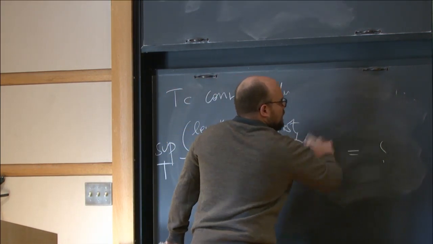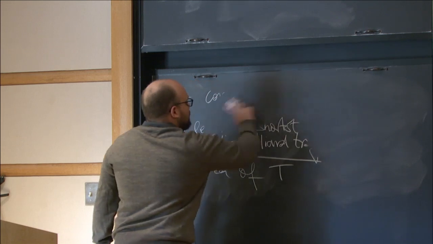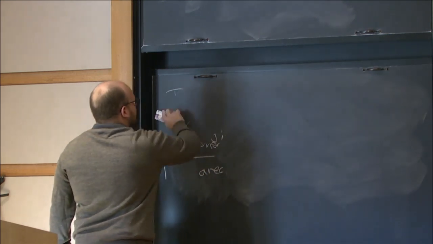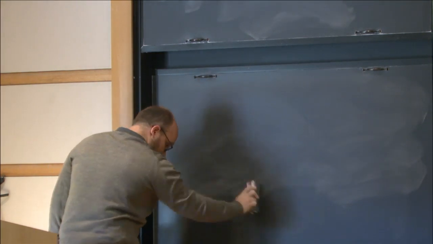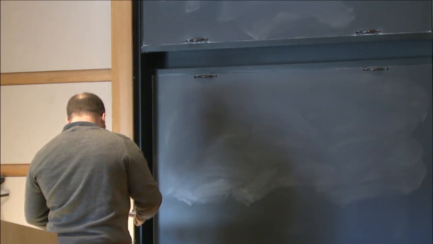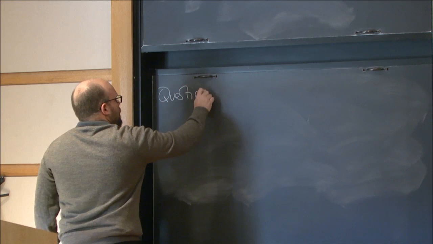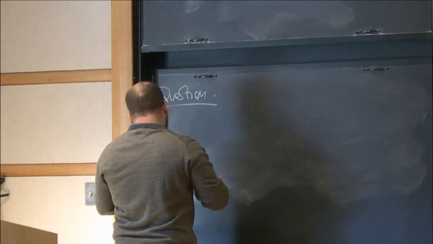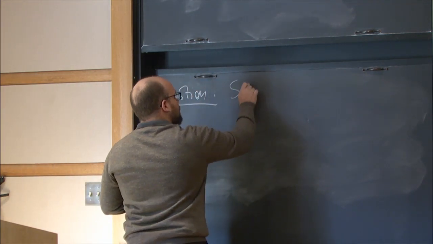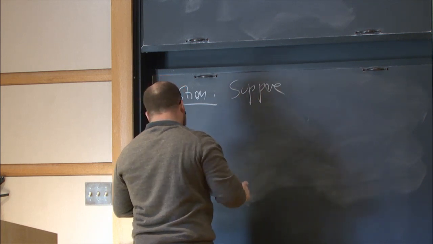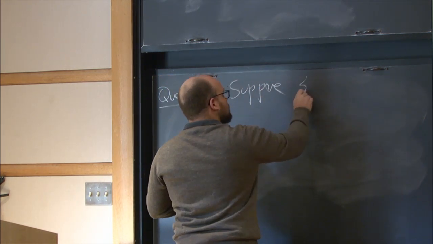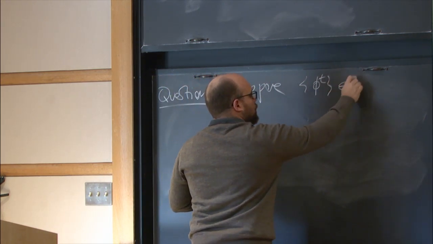But this is exactly the kind of question you have to ask in order to apply these methods to systolic geometry. So the question is, suppose you have an isotopy in the kernel of the flux.